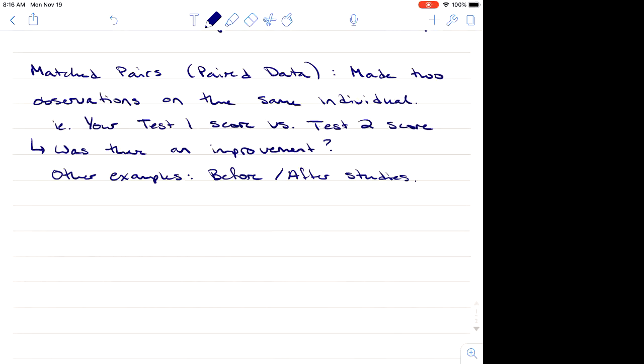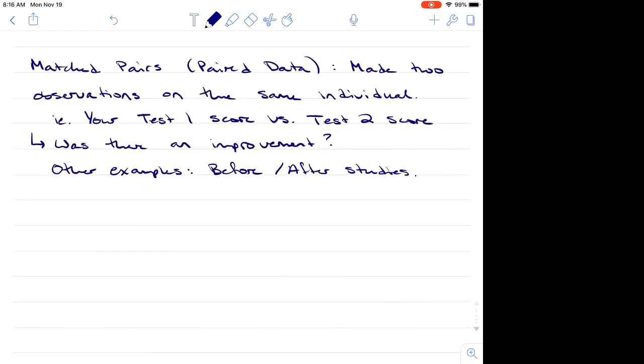But as long as you keep in mind that if you've made two observations on the same individual, then you have matched pairs. So what we do, just focusing on the matched pairs for a sec, is we want to try to capture how each individual has changed.